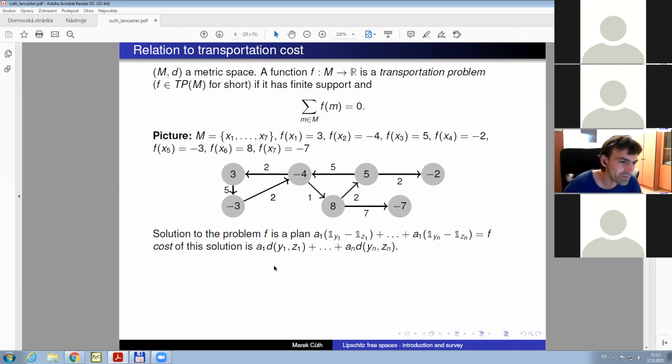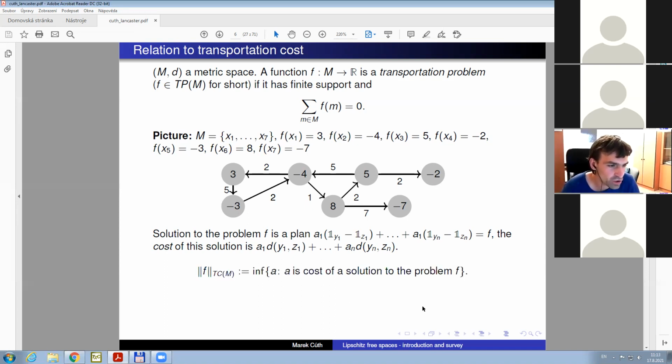The cost of this solution is just multiplying this number here by the length of the arrow here. So the contribution of this first arrow is 2 times the distance between the first and the second city. Here the contribution is 5 times the distance between the second and the third city, and so on. And if you compute this cost, you get the effectiveness of moving in this way.